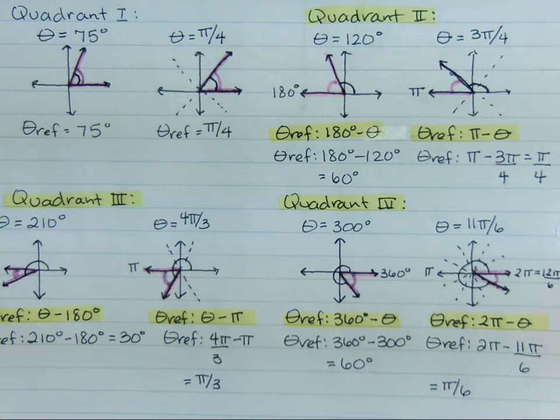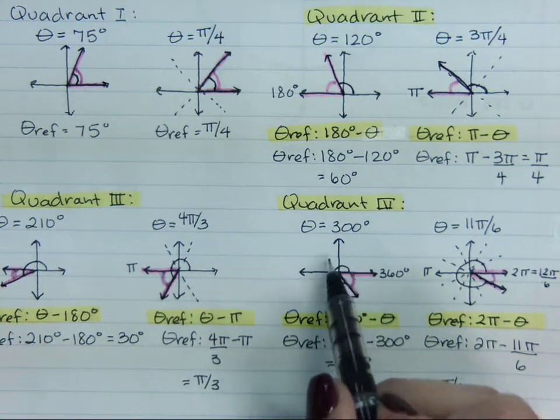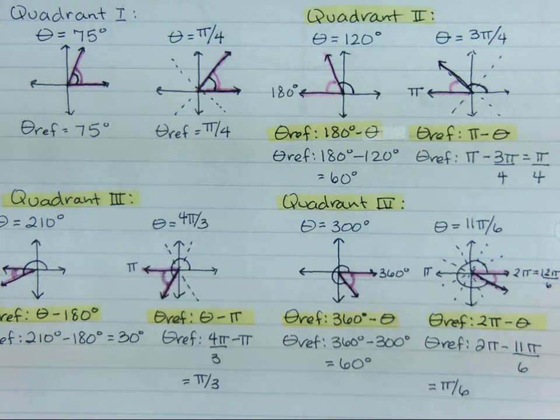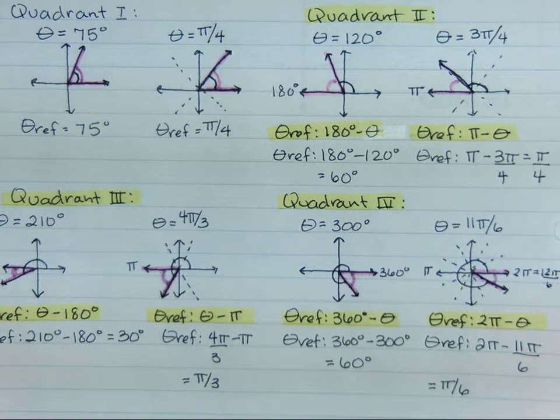Now, the ones that are going to be a little bit more difficult would be ones if you were going in a negative direction or if you were going more rotations. And in those cases, you're going to want to just figure out, if I were to graph this angle in standard form, what would be its coterminal angle between 0 and 360 or 0 and 2 pi to be able to do the subtraction.